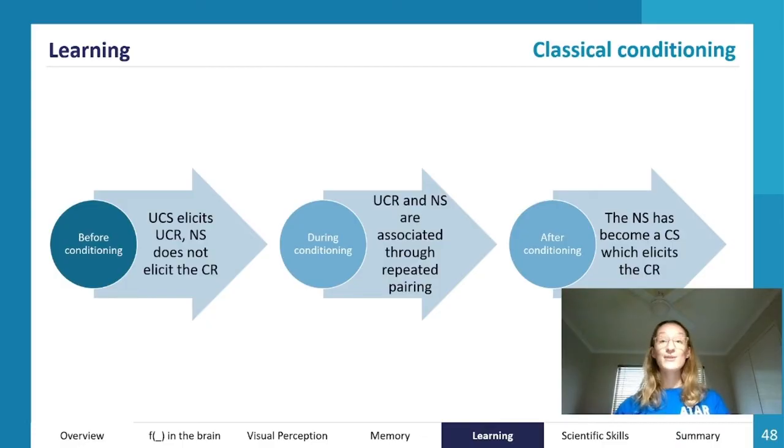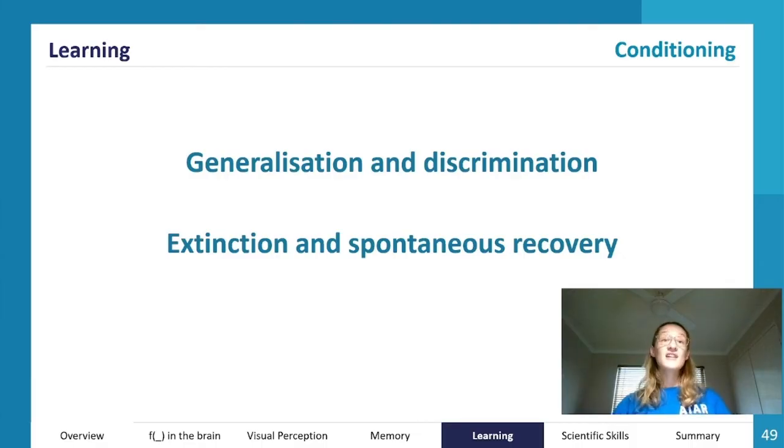So there are 2 experiments, just a brief overview of 2 experiments that you might hear in relation to the idea of classical conditioning. These are the other terminology that I alluded to on our earlier slides. Generalization is when something similar to the conditioned stimulus produces the conditioned response.